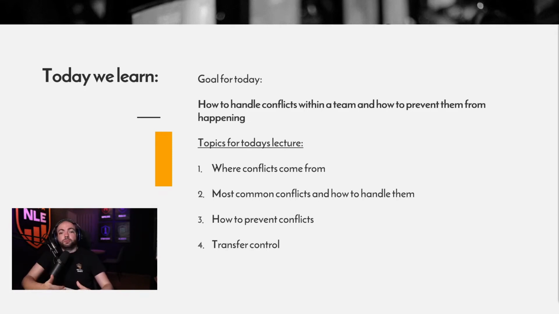And number three, how to prevent conflicts, because prevention is always better than curing anything. So we're going to talk about that as well. And number four is a bit of a repeat from the last lecture, about transferring control.